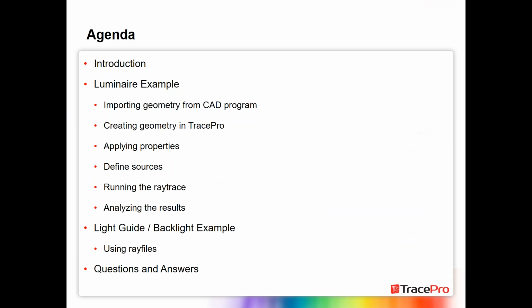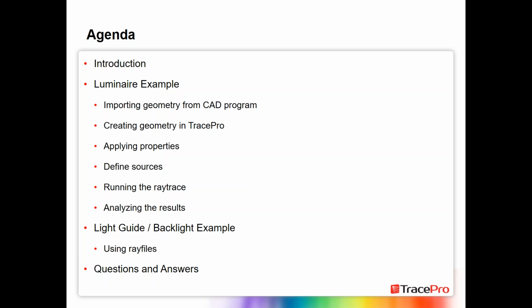The agenda for the webinar is that we'll do a quick introduction here, and then we're going to go through two examples. The first is a luminaire example, and we'll look at importing geometry from a CAD program, creating some additional geometry in TracePro, applying properties, defining sources, running the ray trace, and then analyzing the results.